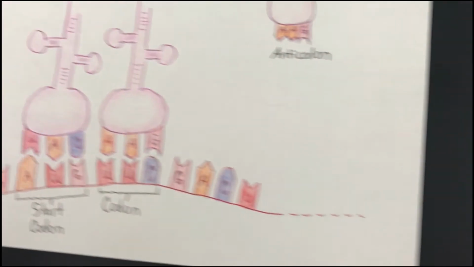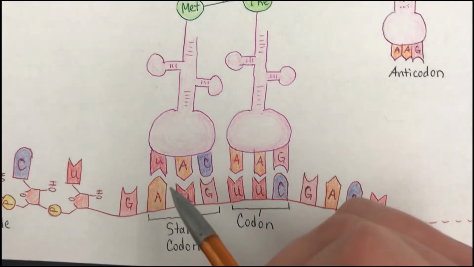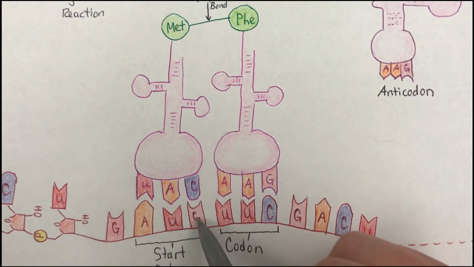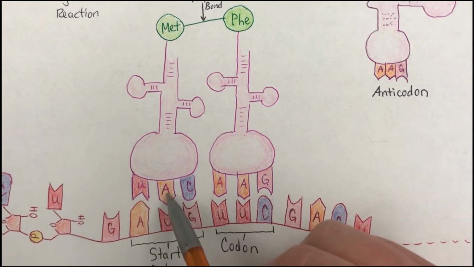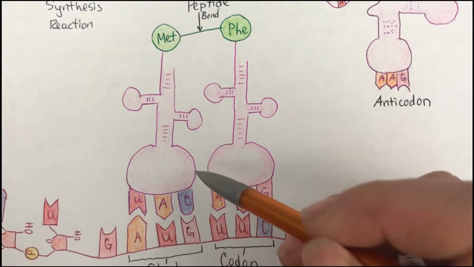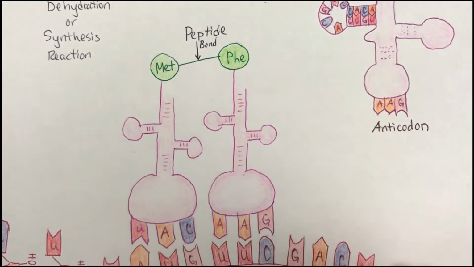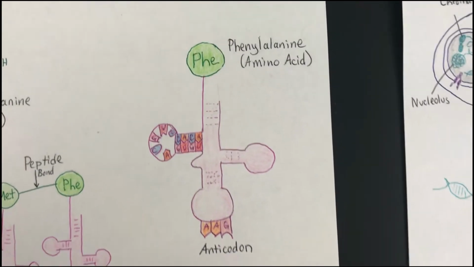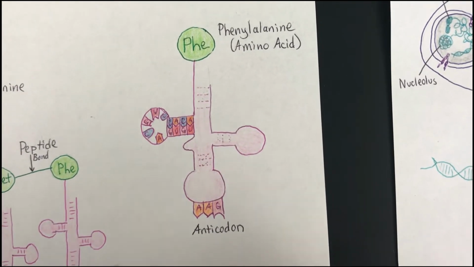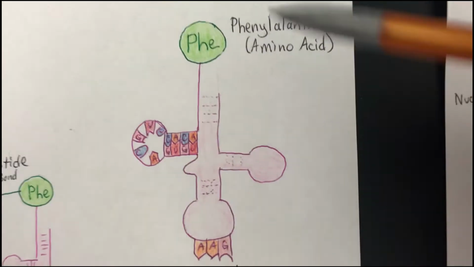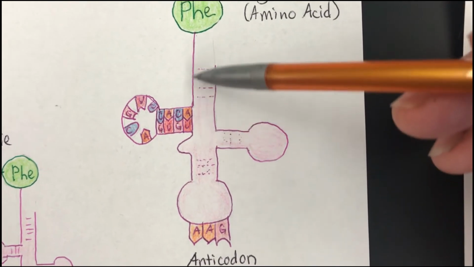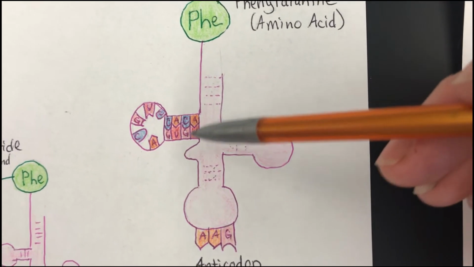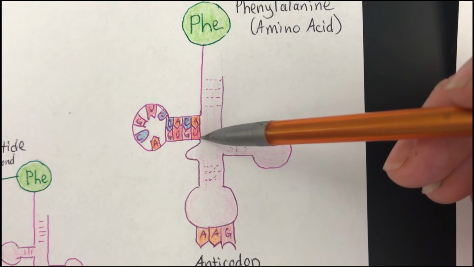Let's zoom in on that a little bit more. Note that AUG is complementary to UAC. Now, what is this funny looking molecule up here? This is called a tRNA. As an RNA, it is a single-stranded molecule, made up of A's, G's, C's, and U's for uracil.